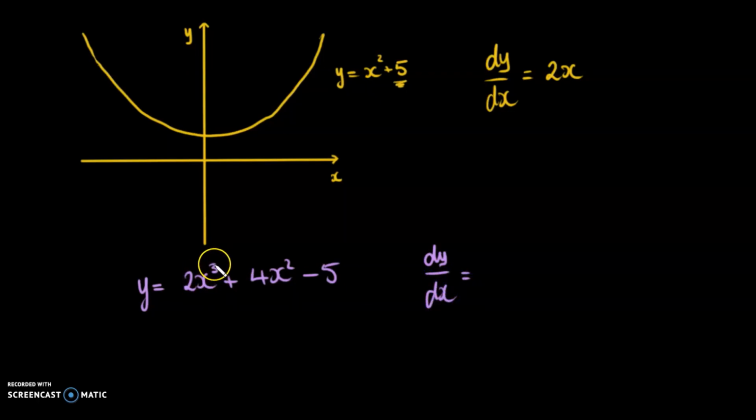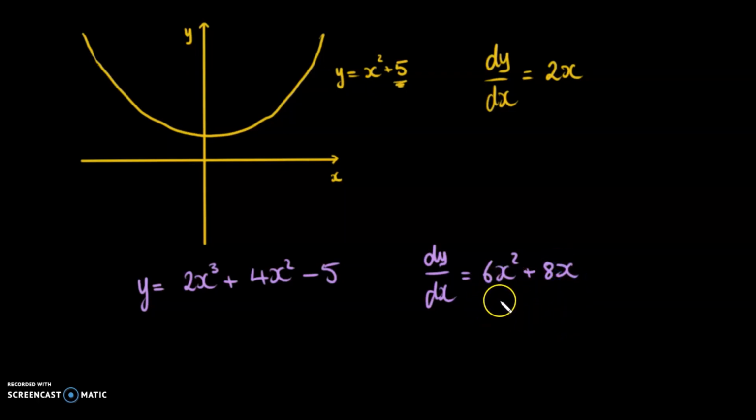Let's look at this first term here. We have the power of 3, so let's times that down with the 2. That will give us 6x, take 1 from the power, leaves us 2. Our second term, let's multiply down the power, so that's 4 times 2 is 8. Take 1 from the power would leave us with the power of 1, so that's just 8x.